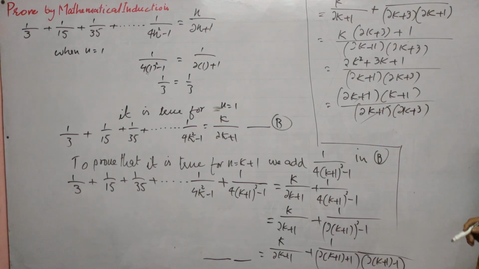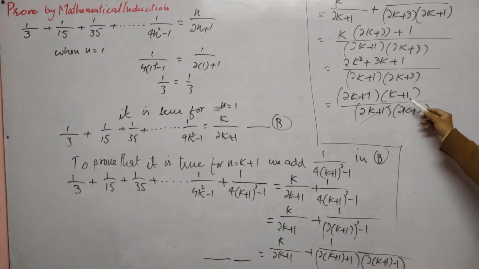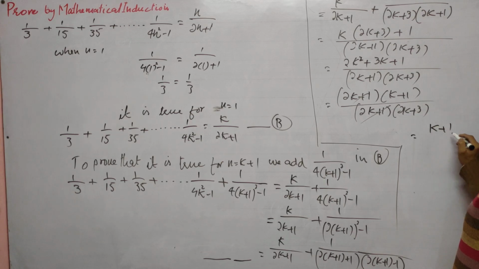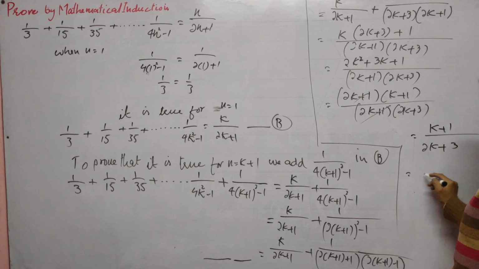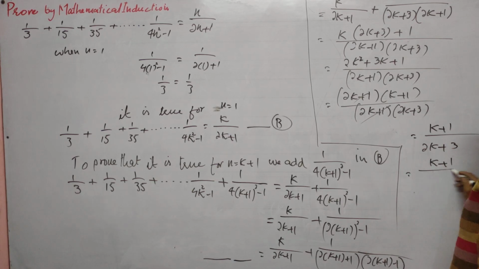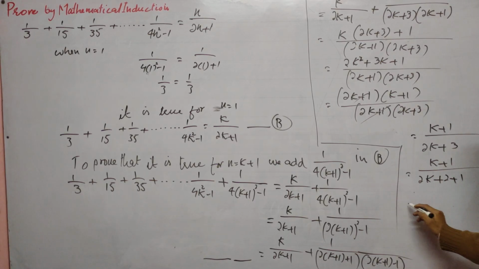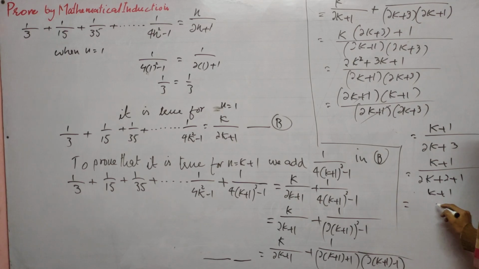We will get (k + 1)/(2k + 3), which we write as (k + 1)/(2(k + 1) + 1).